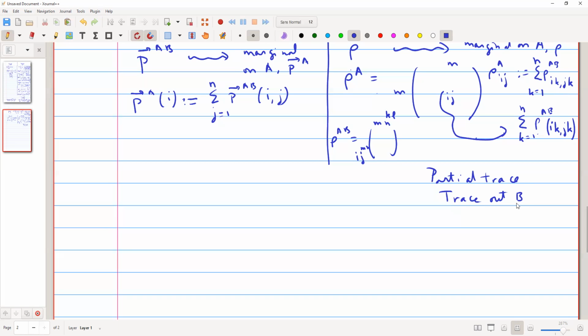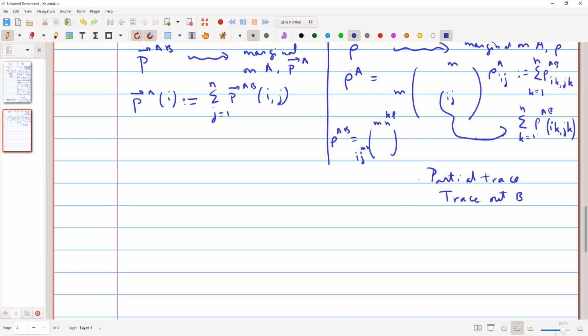So in that sense, I'm only doing the trace operation over the system B. You're basically doing traces on blocks of the matrix. Yes, I'll draw pictures and it's going to be clear. A I'm leaving untouched, and that means I have to allow both i and j here, row i, column j, every i, every j allowed. But the B coordinates I'm forcing the same k and summing it up.